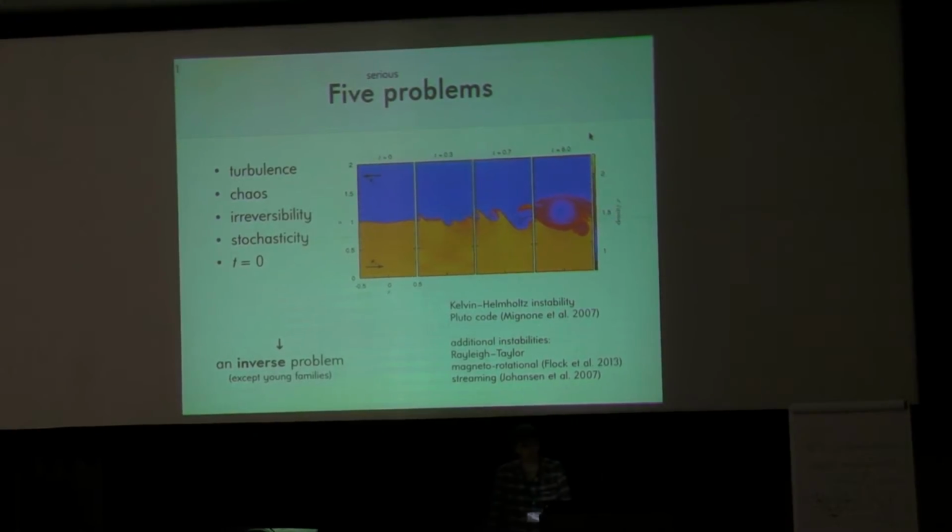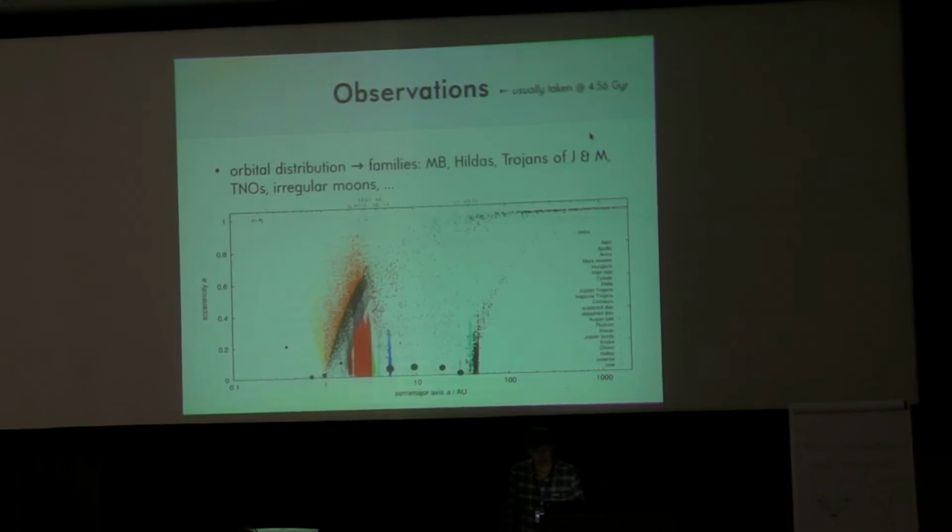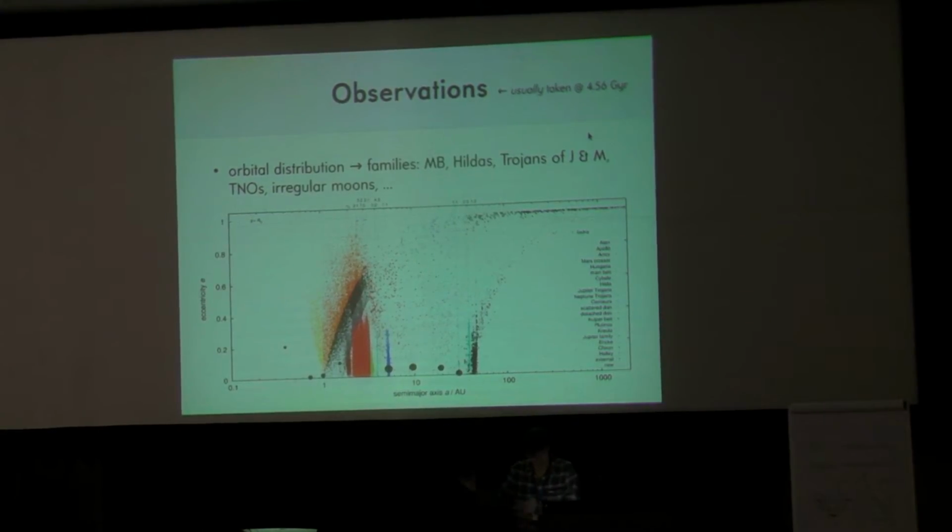You cannot measure these conditions. You have to start at t equals 0, which is not today, and usually you measure today. It's 4.6 billion years. And you have to use your model to compare with the observations at 4.5 billion years.